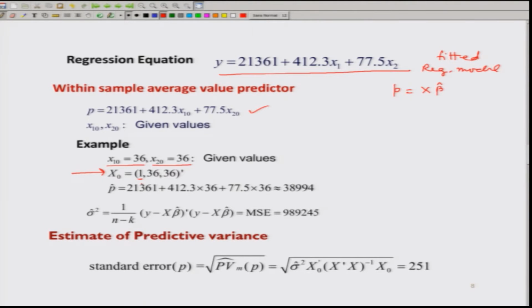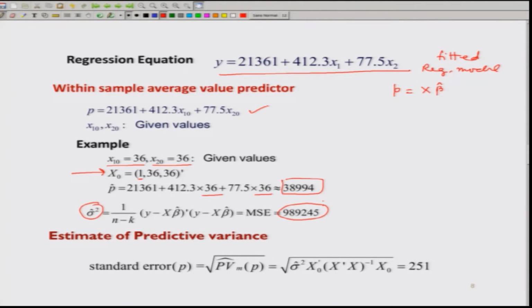So, now we substitute these values of x1 naught and x2 naught in the predictor, and we try to obtain the predicted value, which is obtained like this. The value of sigma square hat is obtained directly from the analysis of variance table that we had obtained from the software.